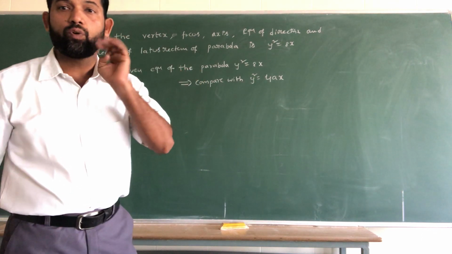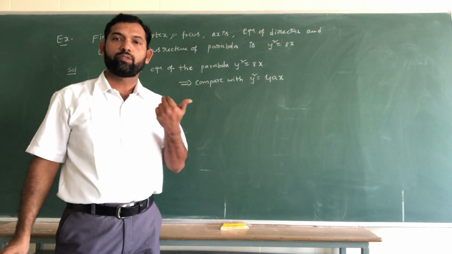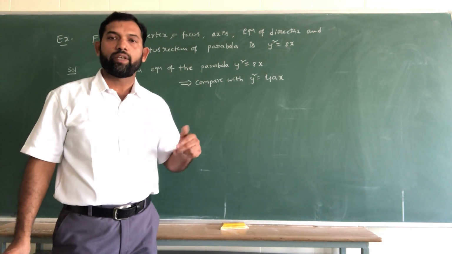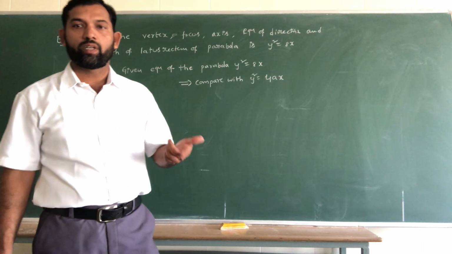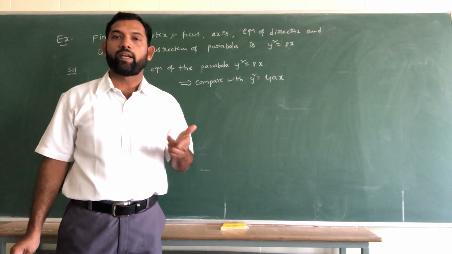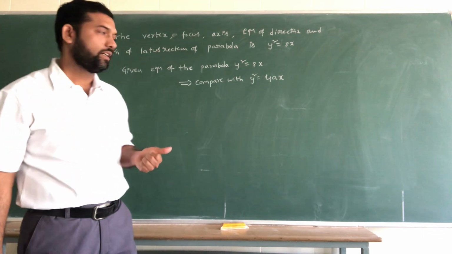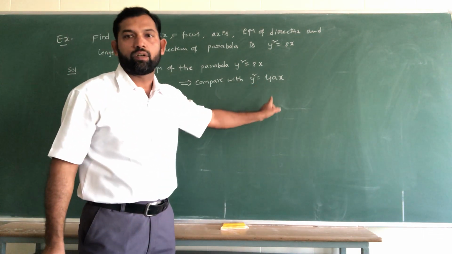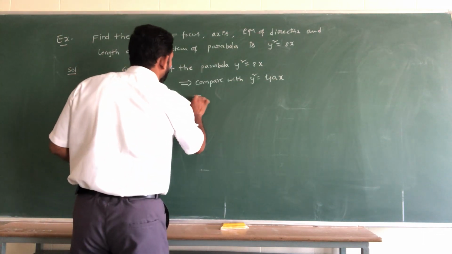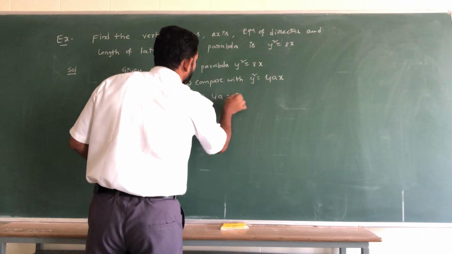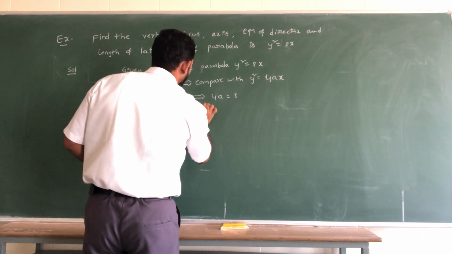You have four equations: y square equal to 4ax, y square equal to minus 4ax, x square equal to 4ay, x square equal to minus 4ay. Understand? So we have to compare. What is the 4a value? 4a is 8.